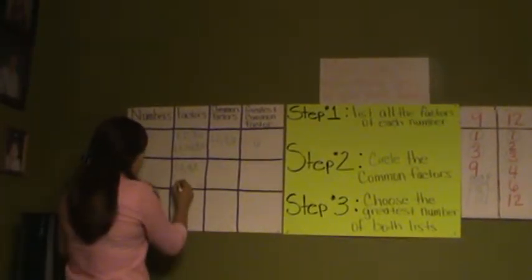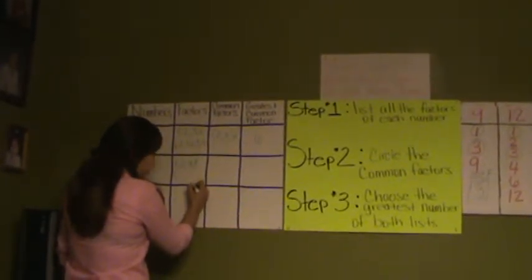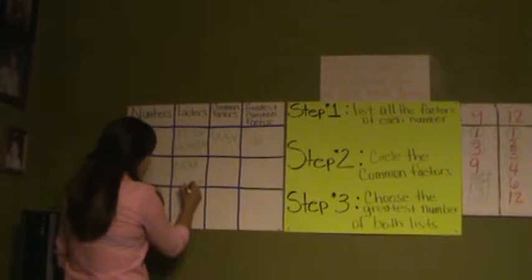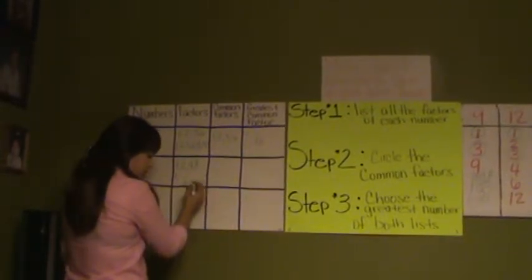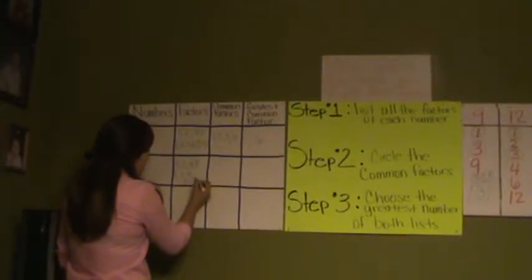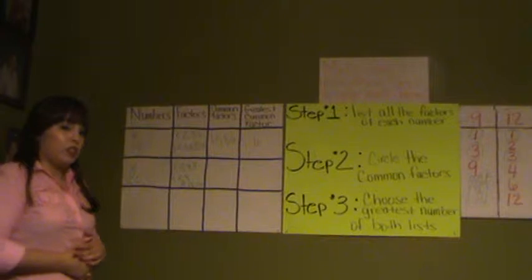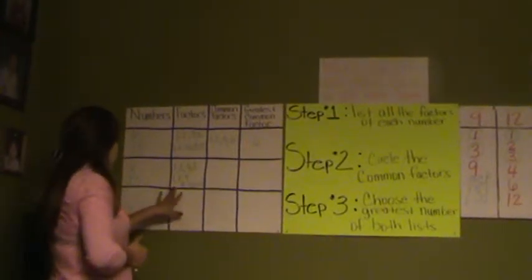And what else? 10 and 5. And what other factors are there? 2, 4. Is that it, or do we have more? Okay, it looks like we're done with the 20.